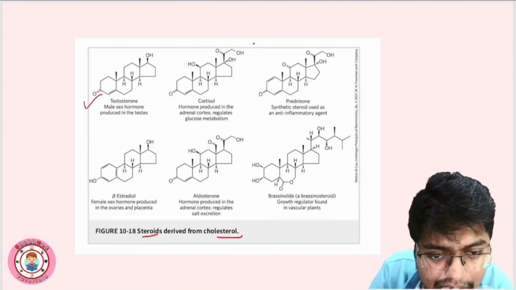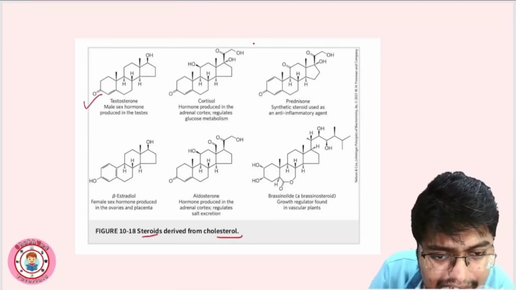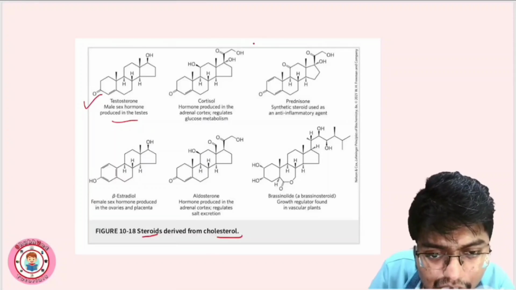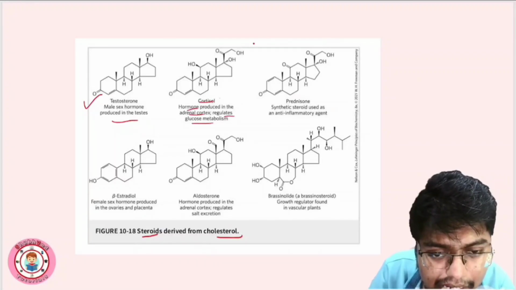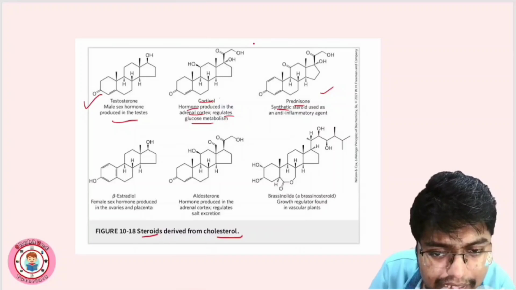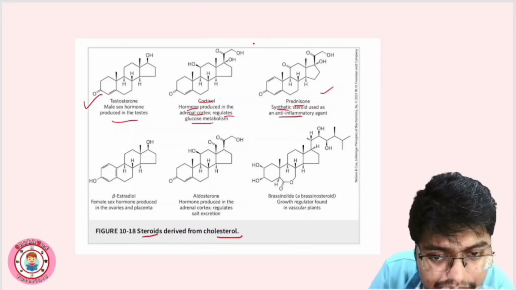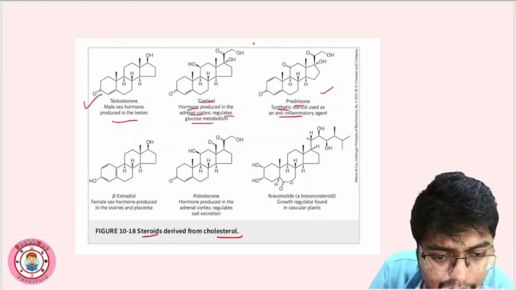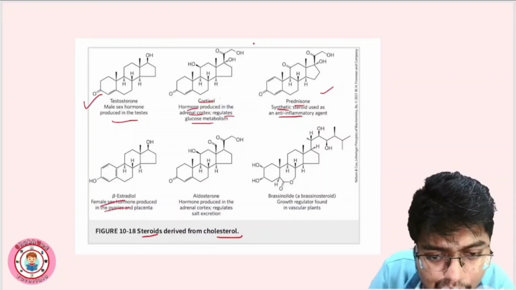See, these are steroids derived from cholesterol. You can see testosterone. So these are hormones. Male sex hormone produced in testes. Cortisol, hormone produced in the adrenal cortex, regulates glucose metabolism. Prednisone, okay, prednisone. This is a synthetic steroid used as an anti-inflammatory agent. So basically, this is used as medicine. Synthetic means man-made. Then estradiol. This is a female sex hormone produced in the ovaries and placenta. Then aldosterone.